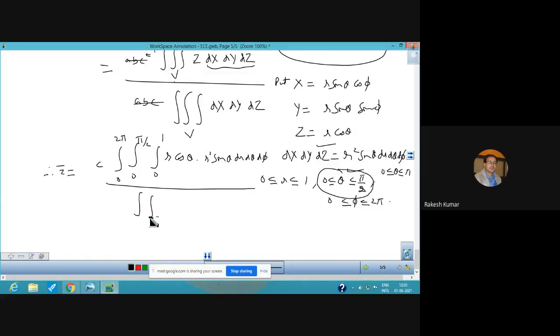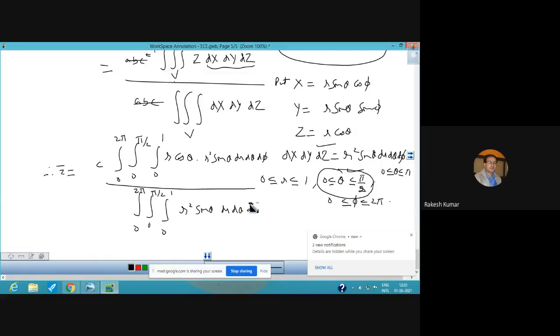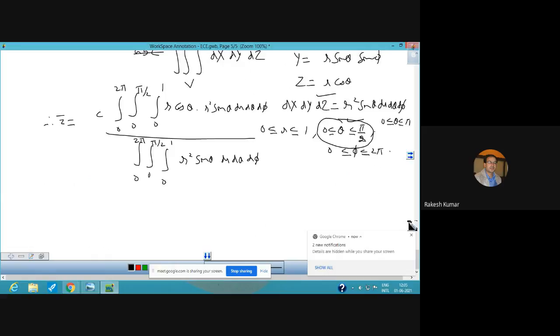Divide by the triple integral 0 to 2 pi, 0 to pi by 2, and 0 to 1. You should have r square sine theta dr d theta d phi. Now we just need to evaluate this integral, and that will be sufficient for us to find out the value of z bar, that is c.